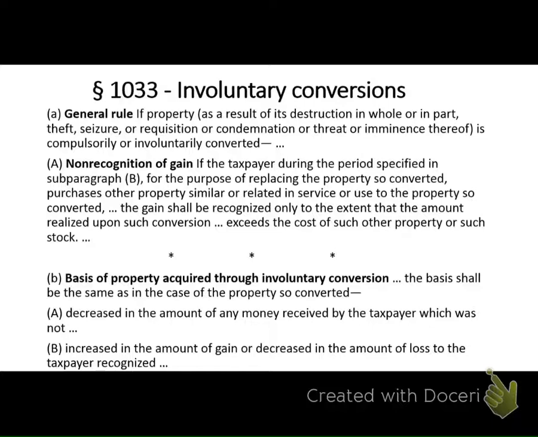I don't have any gain. I don't have to recognize any of that $400,000 of gain. But if I go out and buy a new house that's only worth $480,000 instead of that $500,000, and I pocket $20,000 worth of cash, it says the gain shall be recognized.